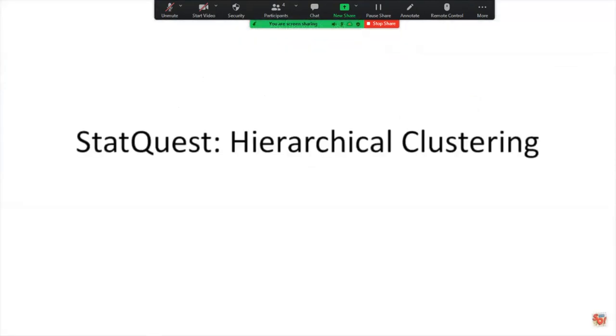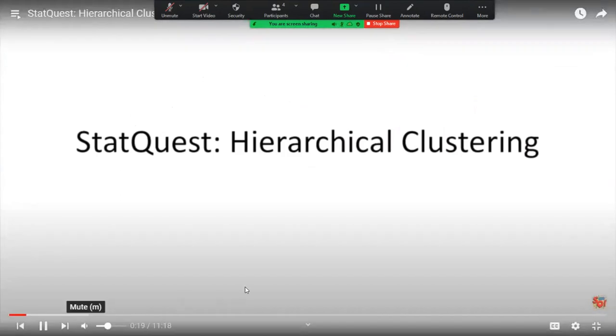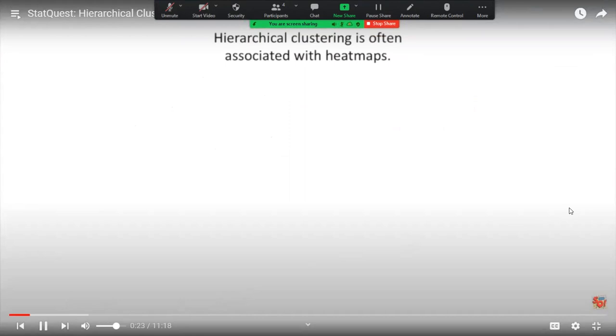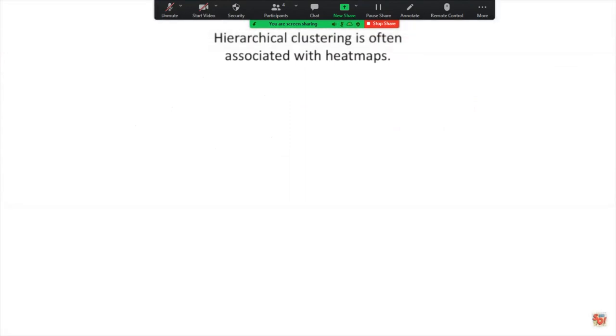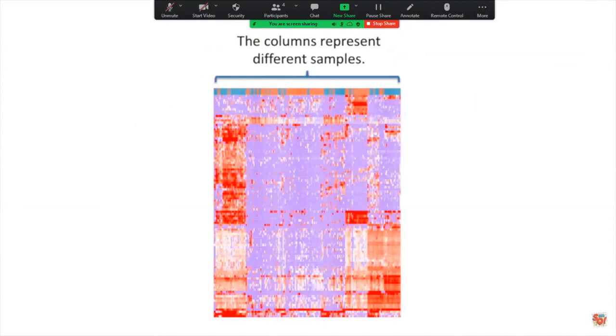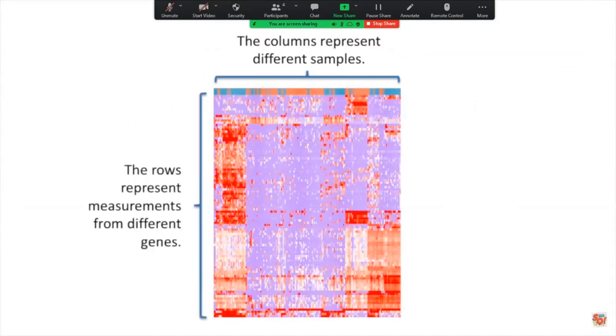Hello, and welcome to StatQuest. Today we're going to be talking about hierarchical clustering. Hierarchical clustering is often associated with heat maps. If you're not already familiar with what heat maps are, just know that the columns typically represent different samples, and that the rows typically represent measurements from different genes.